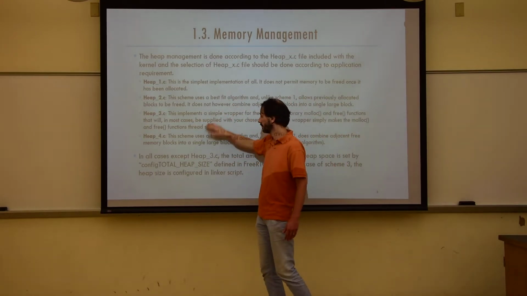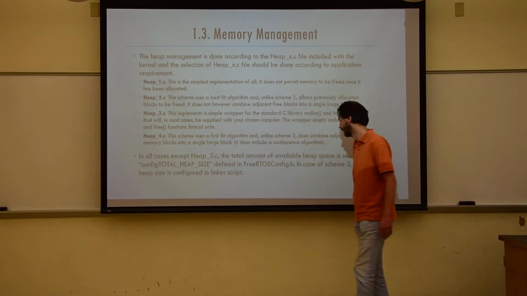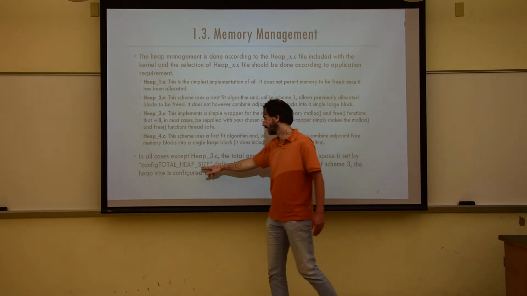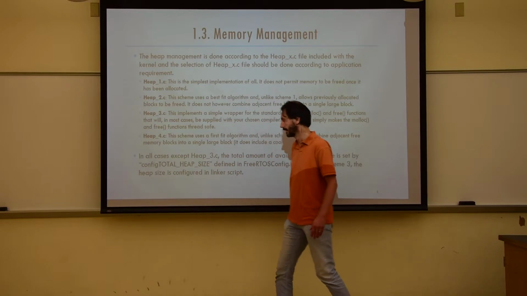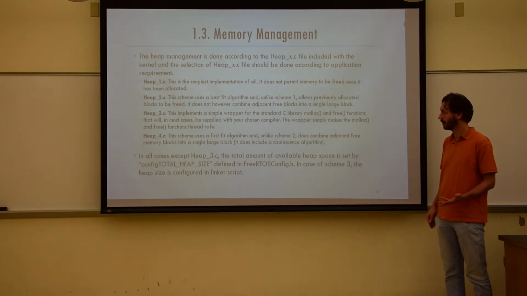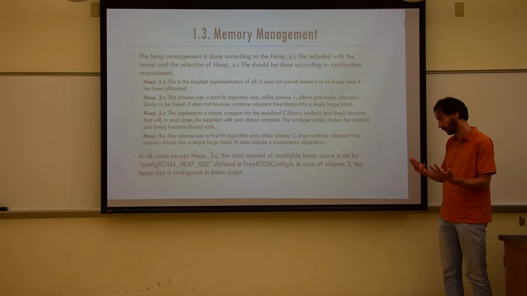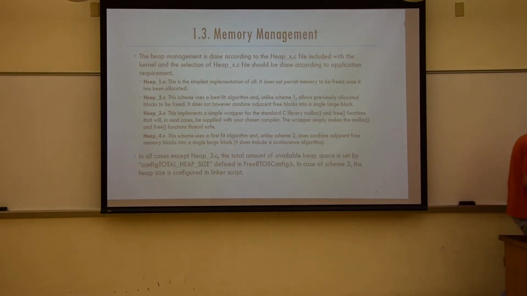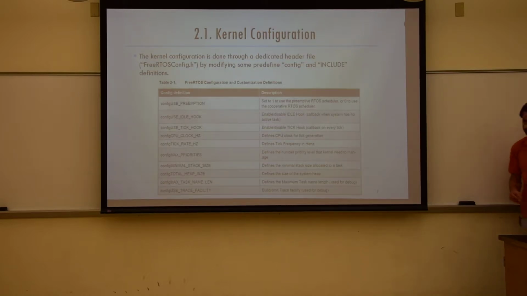For 1, 2 and 4 you need to set in the configuration file the total heap size that you would like to allocate for all the tasks that you want to write your system on. All right, so that's about memory management, and that also brings us to kernel configuration.